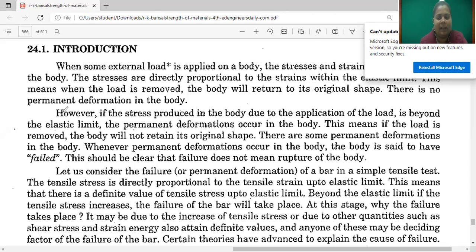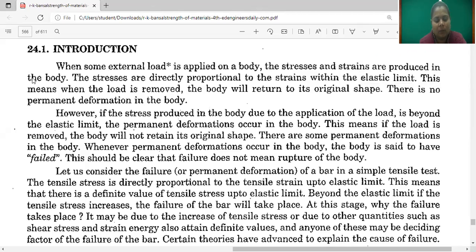This should be clear that failure does not mean rupture of the body.